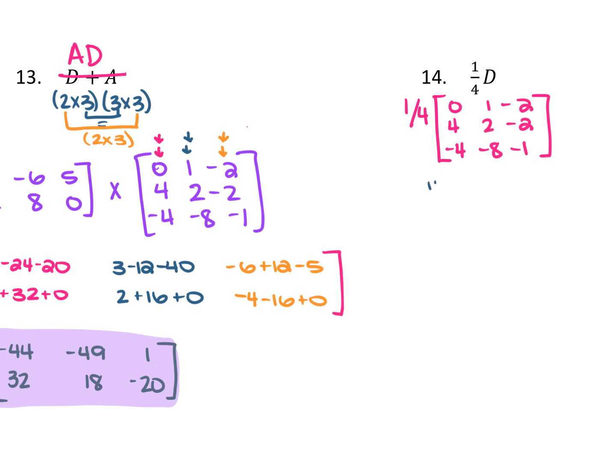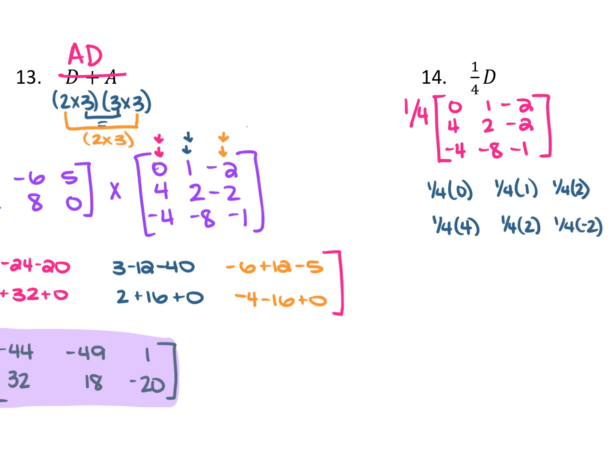So we're going to do 1/4 times 0, 1/4 times 1, 1/4 times -2, 1/4 times 4, 1/4 times 2, then 1/4 times -2.